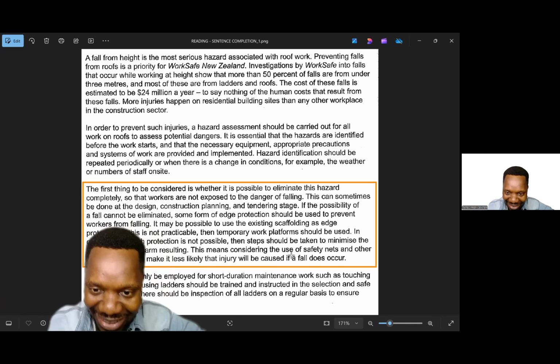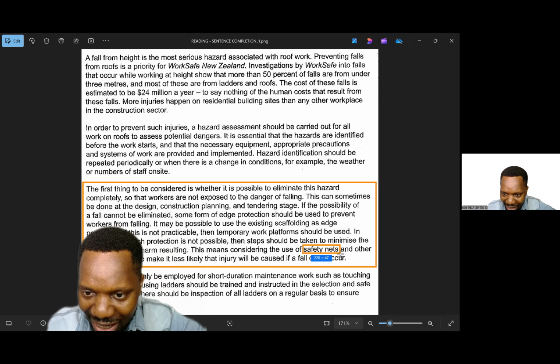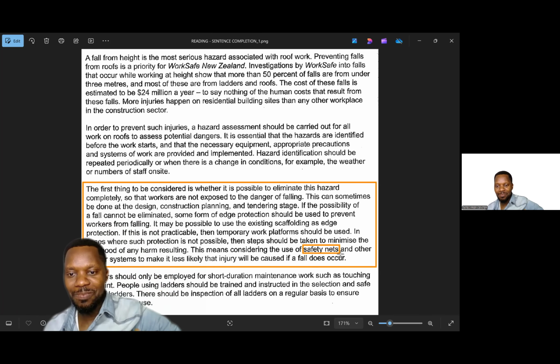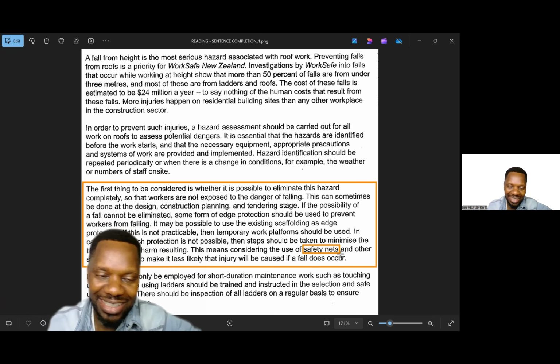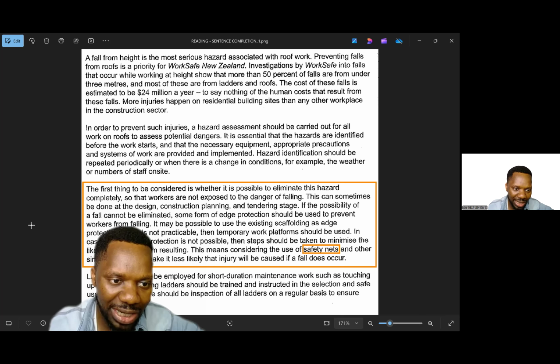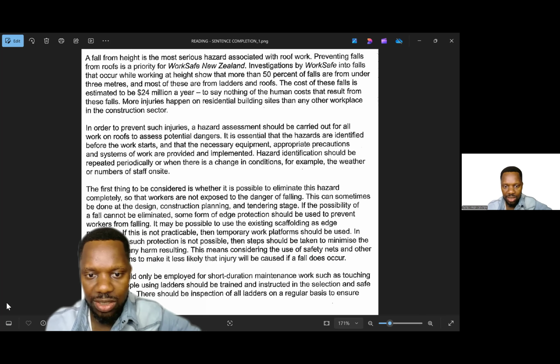Safety nets. This is your answer. So safety nets is your answer. Let's go to the next question.